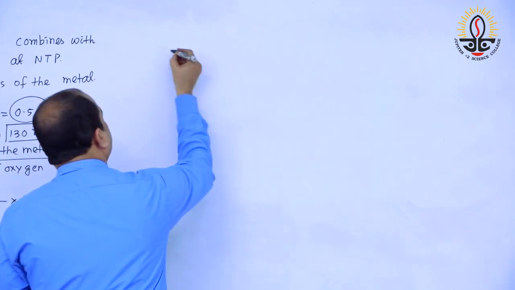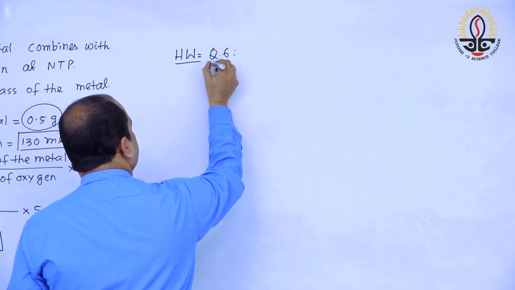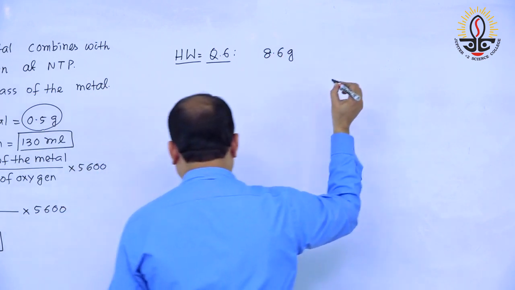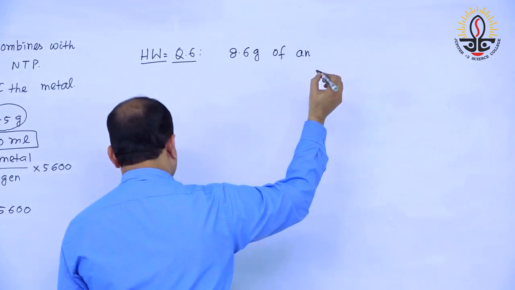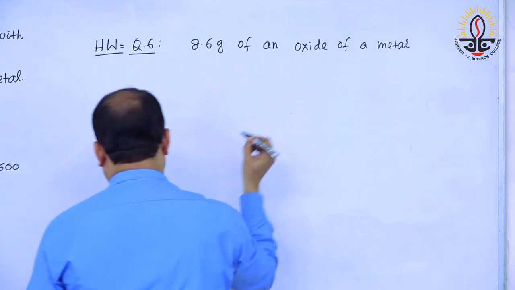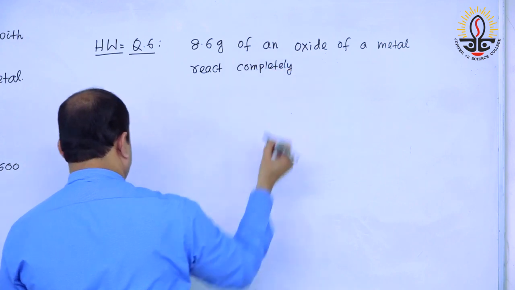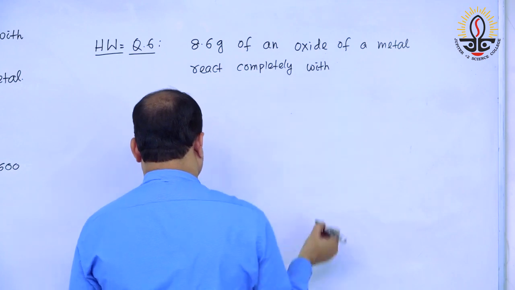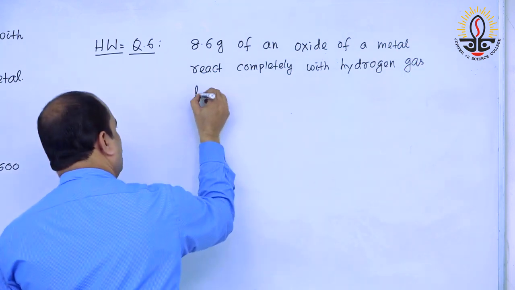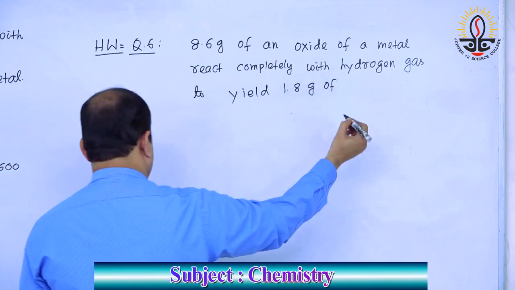Homework questions. Question number 6: 0.6 gram of an oxide of a metal reacts completely with hydrogen gas to yield 1.8 gram of water.